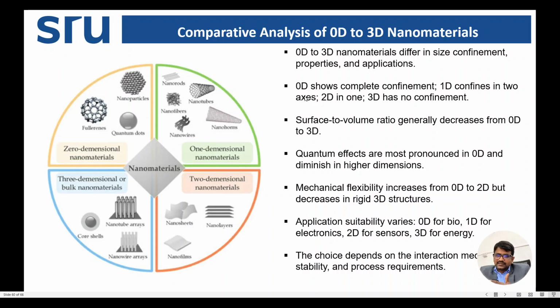For example, if you take x, y, and z, then x and y are confined, and only one dimension is free. It can go beyond nanoscale. So 2D is confined in one, and 3D has no confinement.